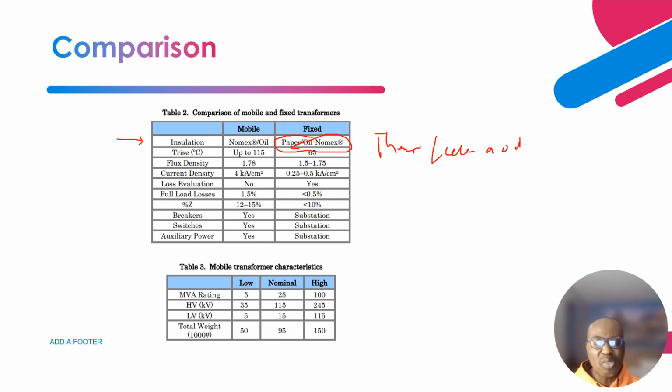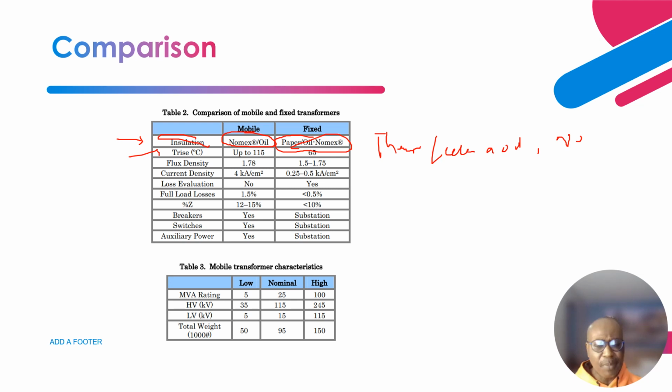And sometimes you can have Nomex mixed in. But for a mobile substation, you use Nomex and oil as your insulation. The Nomex is basically what is wrapped on your conductor, in addition to the oil that is in the container. So now let's talk about temperature rise.